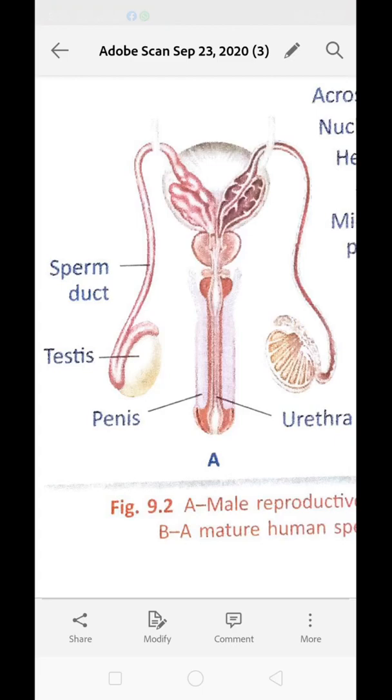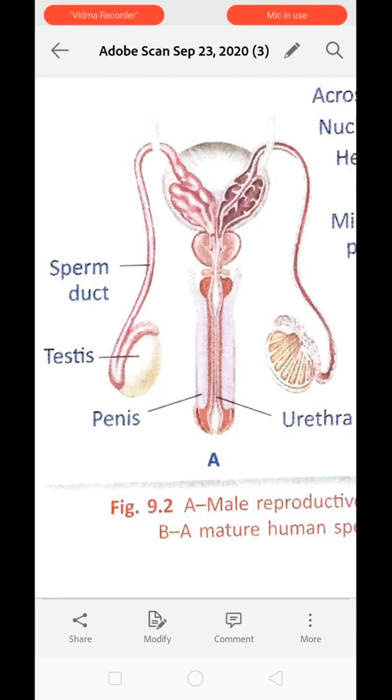They lie within a scrotum and hang outside the abdominal cavity. As the production of sperm needs a lower temperature than the body temperature, they hang outside the body in the scrotum, away from the abdominal cavity.